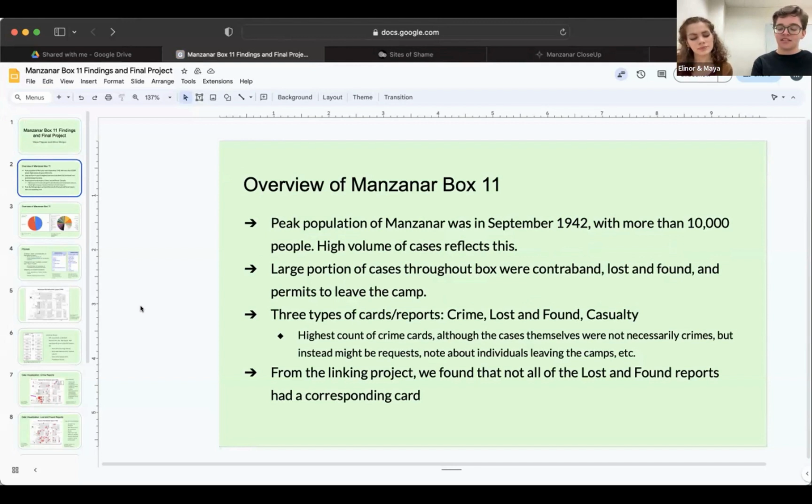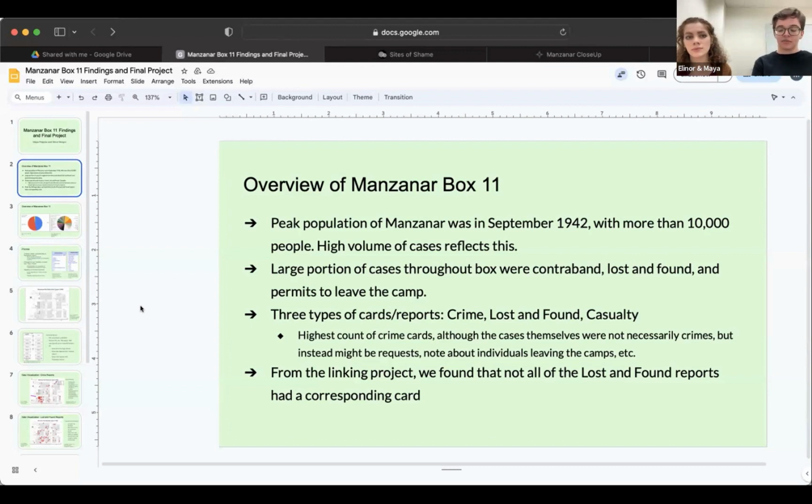A majority of the cases were confiscation and sometimes return of contraband, or lost and found cases, or requests to leave the camp. The lost and found cases have their own individual card type, but the requests don't, and instead are written up on crime cards. So a request to leave the camp was automatically criminalized on the crime cards.